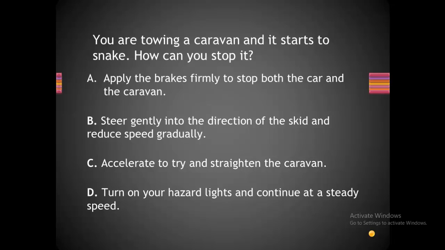Option C. Accelerate to try and straighten the caravan. Option D. Turn on your hazard lights and continue at a steady speed. Which is the correct answer? You try to think.